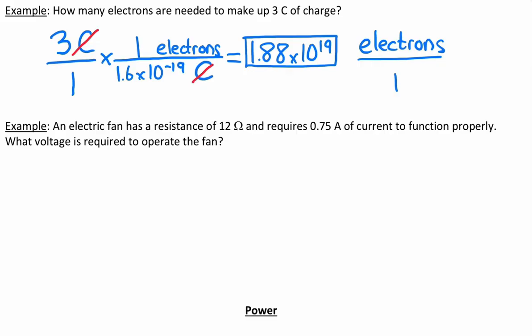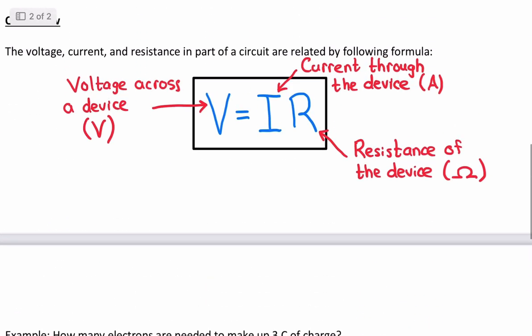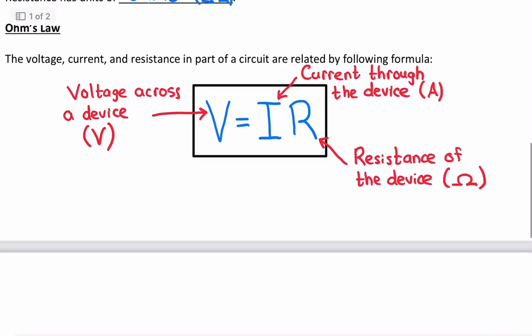So if we are given a resistance and we're given a current and we're asked for a voltage, that sounds a lot like a problem where Ohm's law might help me. Resistance, current, and voltage.